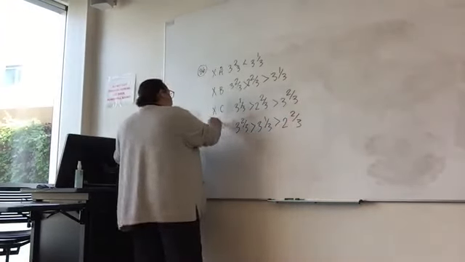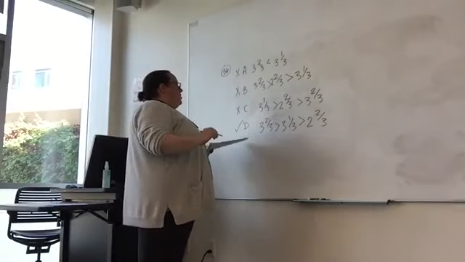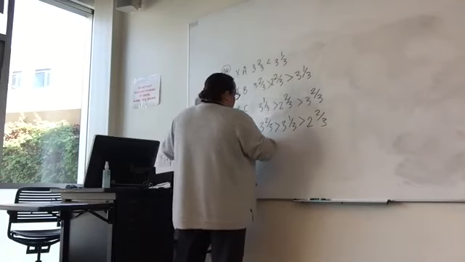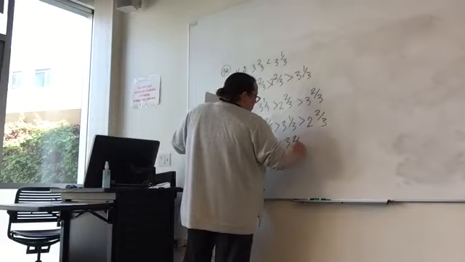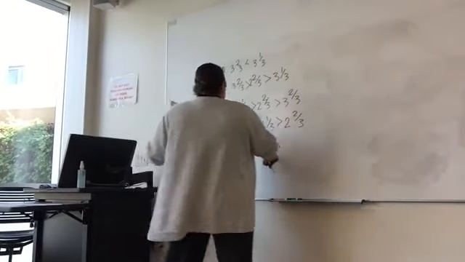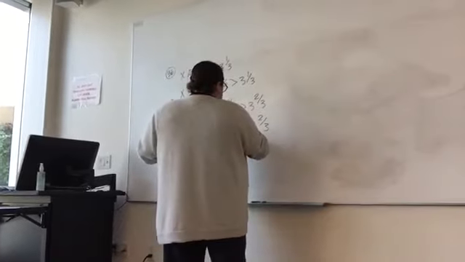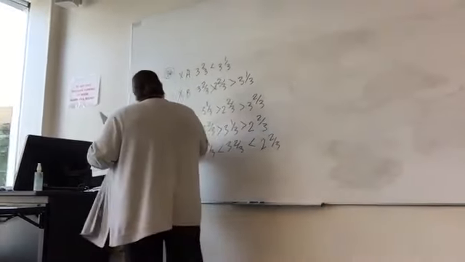Oh, thank goodness. Whew, that was a long one. And of course, you could go through and check E just to be sure, because if you're like me, sometimes you worry. And that's true. 3 1/3 is less than 3 2/3, but 3 2/3 is definitely not less than 2 2/3.